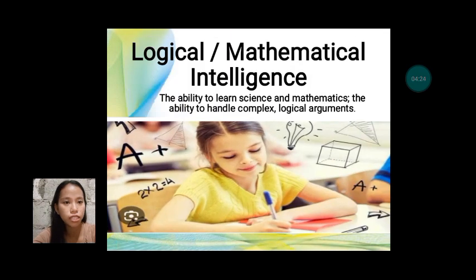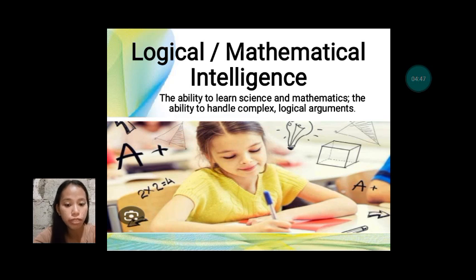The next one is logical mathematical intelligence, the ability to learn science and mathematics, the ability to handle complex logical arguments. The individuals tend to think conceptually about numbers, relationships, and patterns.